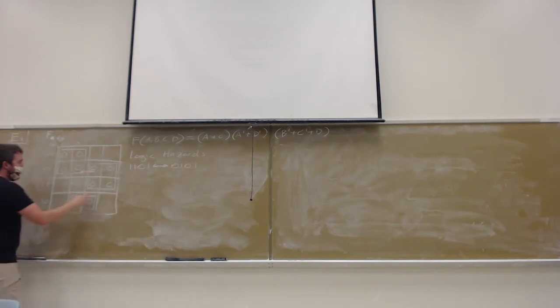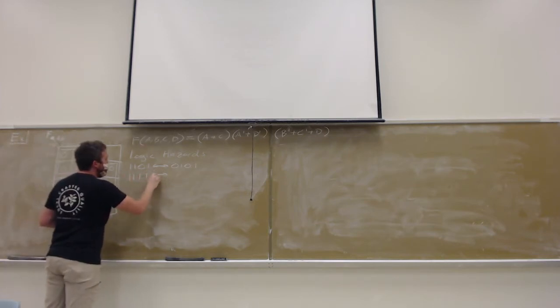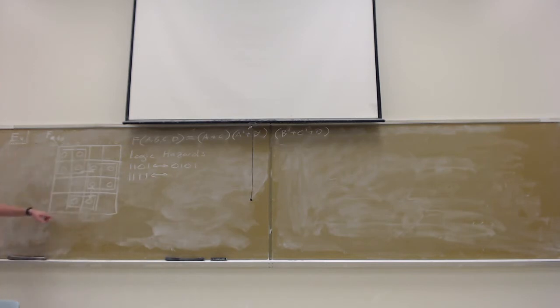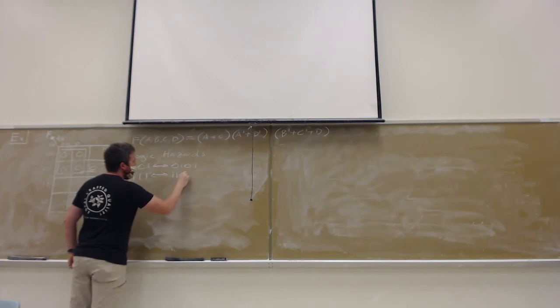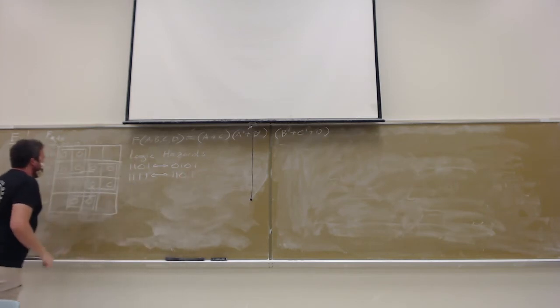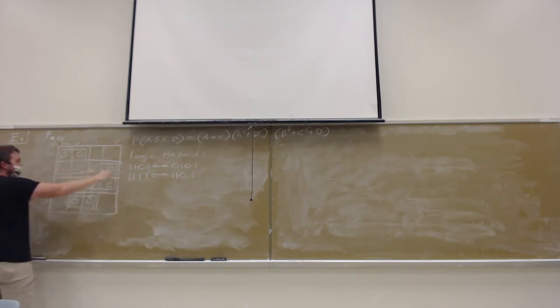We'll have a hazard here between these two groups. That's going to be 1 1 1 1, and what is this? 1 1 0 1. Let's see. We're going to have a hazard connecting. Remember, a 4 variable K-map can connect to the outside.